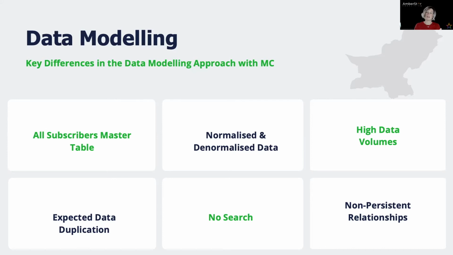But equally, when we're thinking about things like compliance, it can mean that actually that piece of data can exist in multiple tables for very valid reasons. But this is, again, a departure from Salesforce, where you would never knowingly have this piece of data existing more than once.